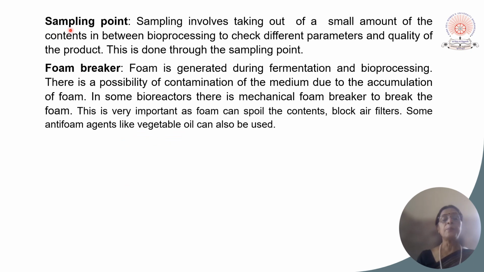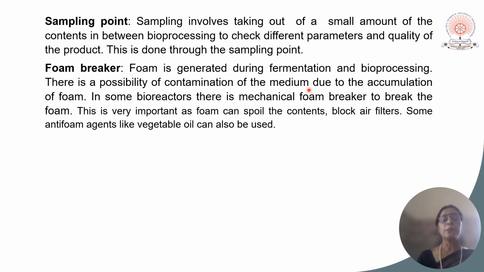Then there is the sampling point through which a sample can be withdrawn from time to time to check different parameters and quality of the product. The sampling point is used, but after use it is sealed again to prevent contamination. Foam breaker: foam is accumulated during fermentation.